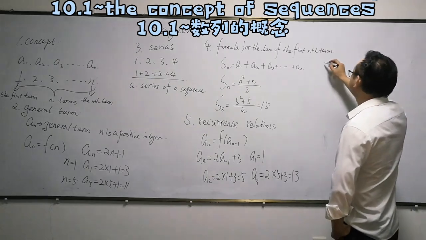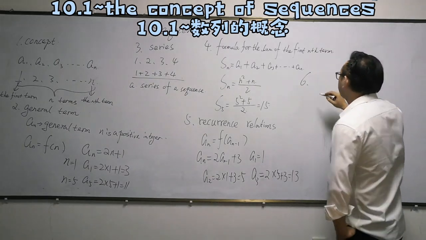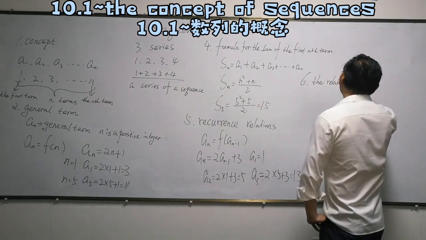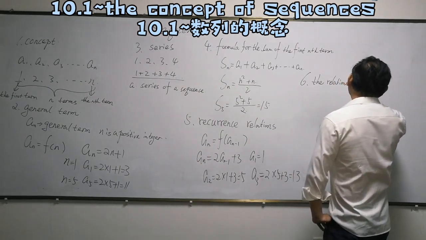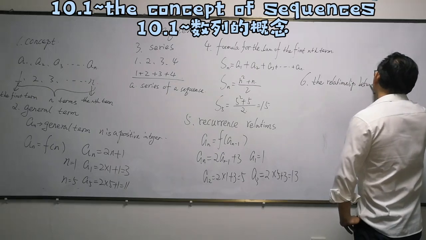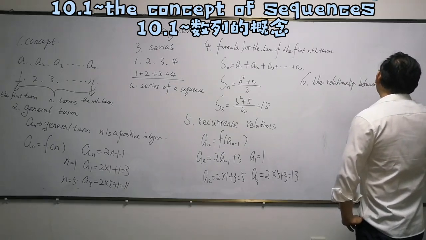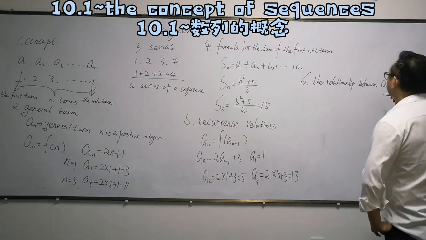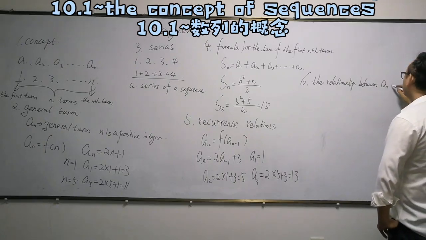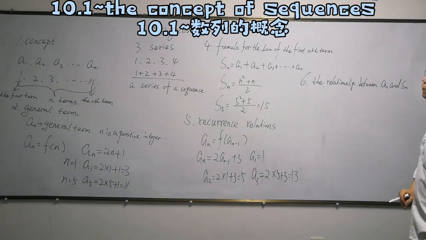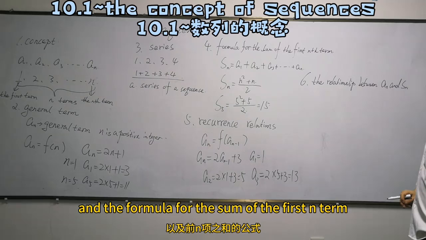6. The relationship between general term formula and the formula for the sum of the first nth term.